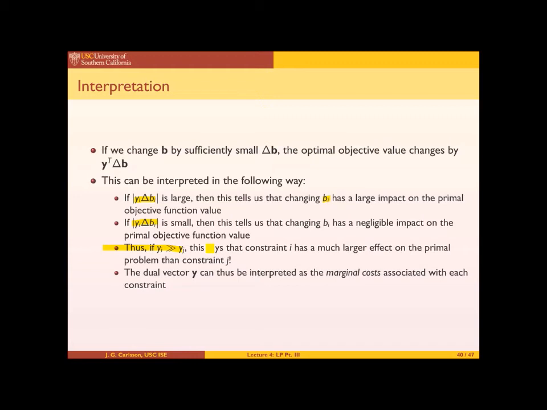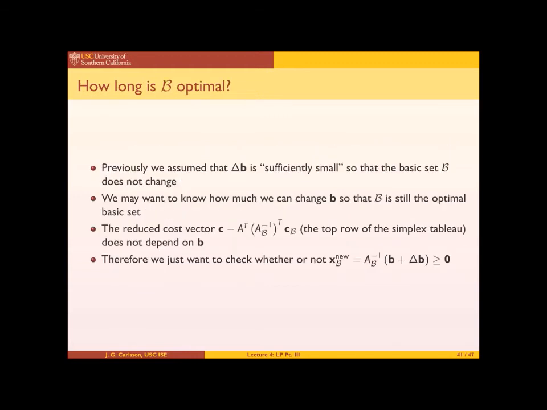Okay, so I made this comment that the change in your right-hand side variable has to be sufficiently small. I gave you that example of the graphical method where when I made that right-hand side go from 10 to 12, it was still the same corner that was optimal, but then 12 to 17 was not. The corner changed.